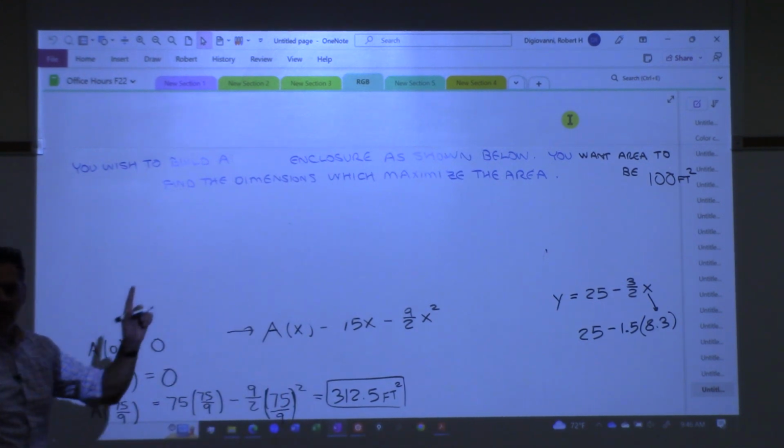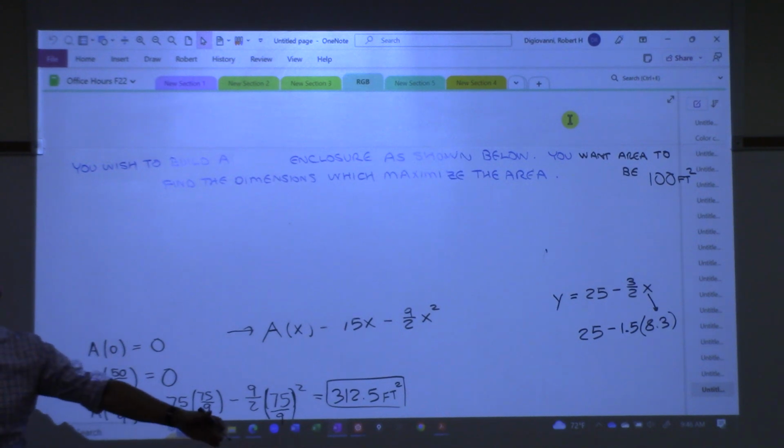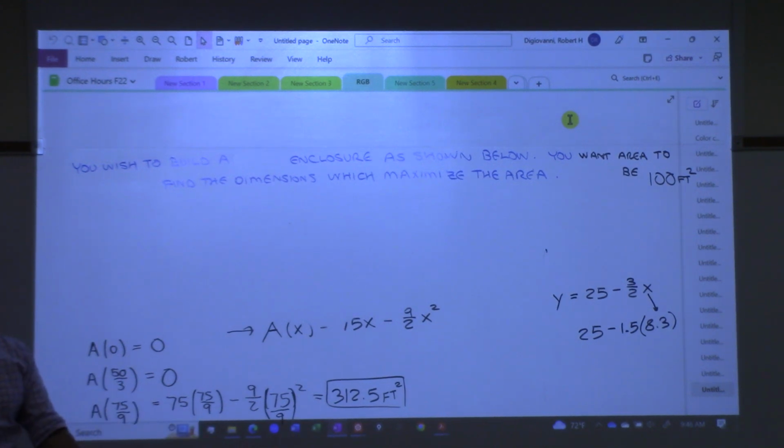Okay? That's different, right? I'm not giving you 100 feet of fence. I'm saying you need to build this thing so that it has 100 square feet of area total. Right? That's not the length, it's the area inside.